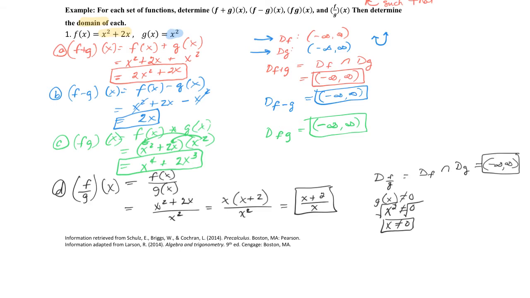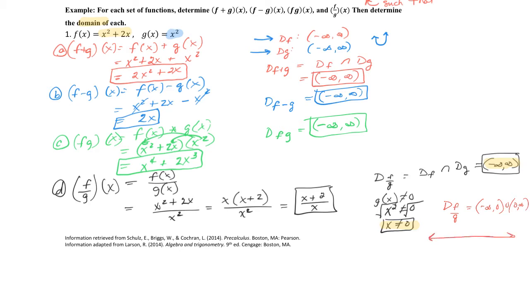So when I'm looking at the domain of f divided by g, I have to put all of this together. I have to consider both of these. I know that the intersection is negative infinity to infinity, but I also know that x cannot equal 0. So the domain of f divided by g is going to be equal to negative infinity to 0 union 0 to infinity.